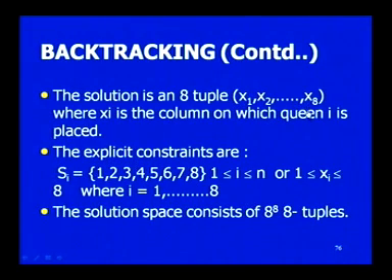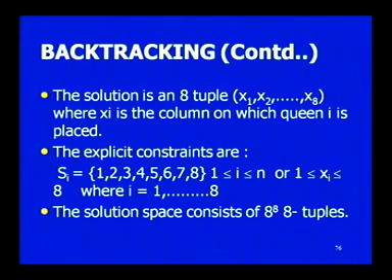Now I am defining an explicit constraint. Since only 8 queens are there, I am forcing this xi to take values from 1 to 8, and if this is the case, you can see very well, for every queen 8 possibilities are there.